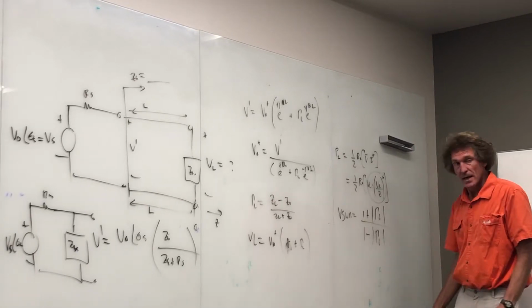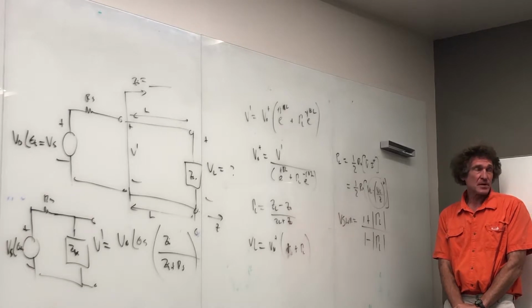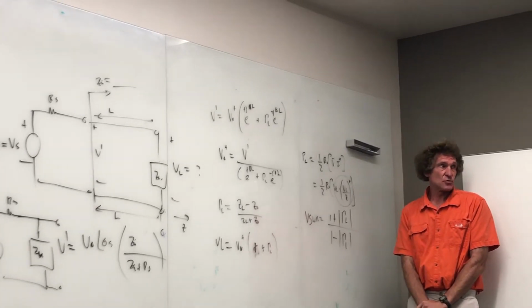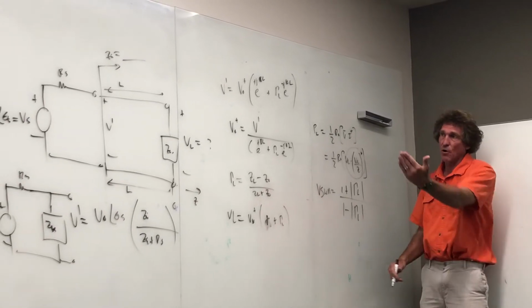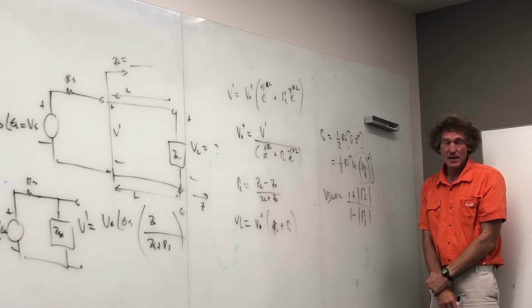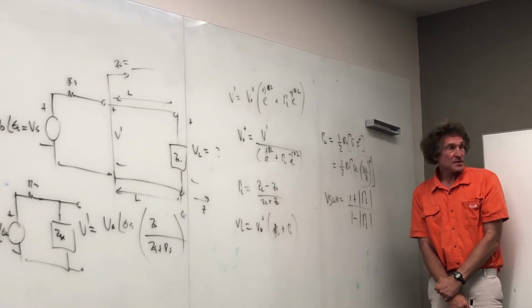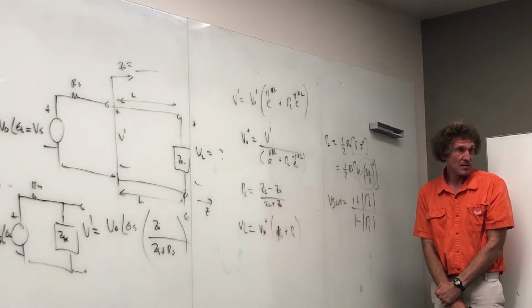Now, if the reflection coefficient is 0, in other words, if it's perfectly matched, the standing wave ratio is 1. The ratio of the maximum to the minimum voltage is 1 because all waves are propagating this way, and the min and max will have the same value. Otherwise, it's going to be greater than 1. It's never less than 1, okay?